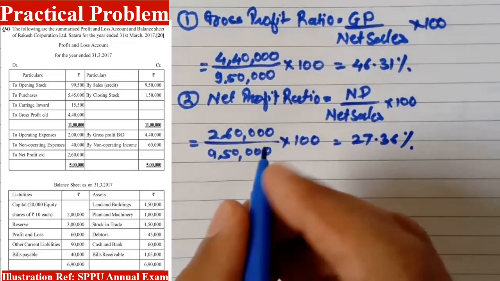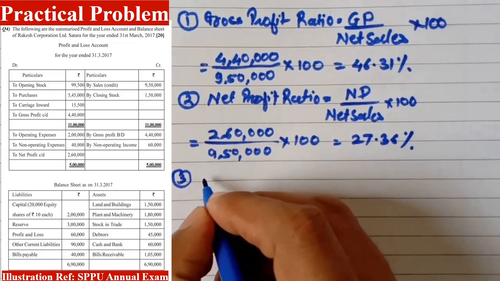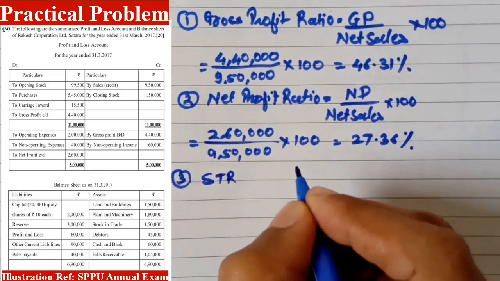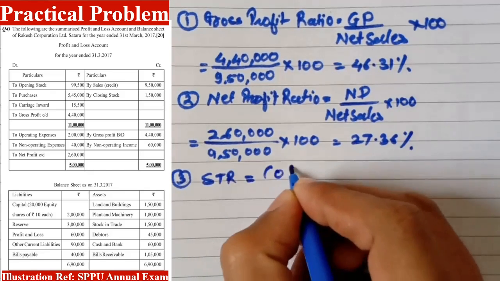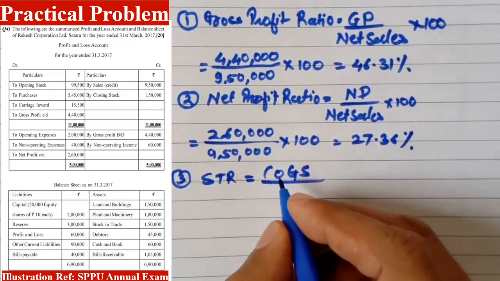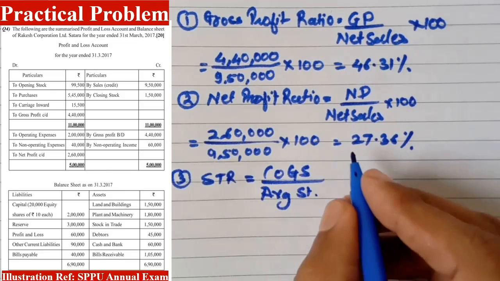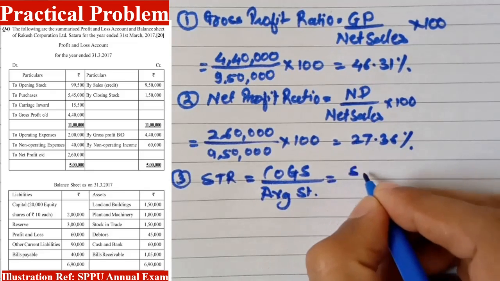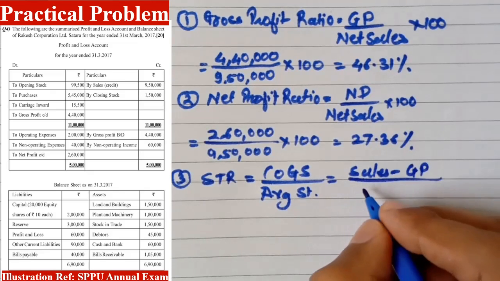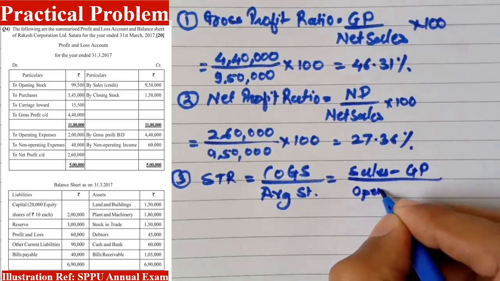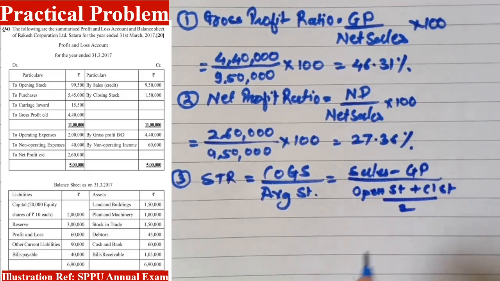Let us move forward and calculate the third ratio. The third ratio is stock turnover ratio. Stock turnover ratio can be calculated by cost of goods sold upon average stock. Now cost of goods sold is sales minus gross profit, and average stock can be calculated as opening stock plus closing stock upon 2.